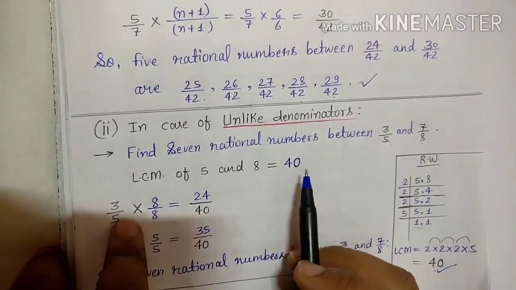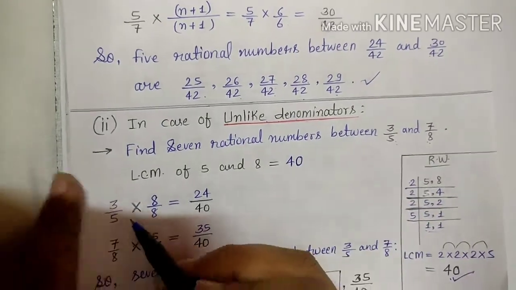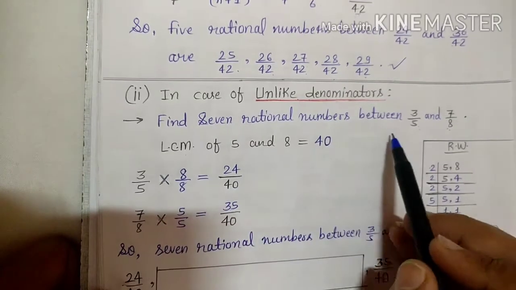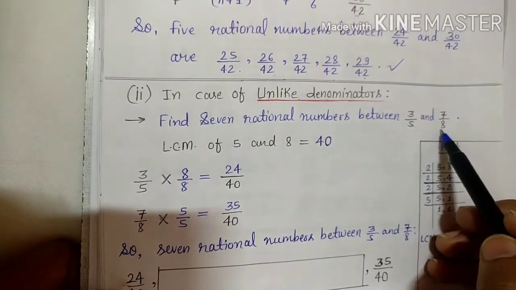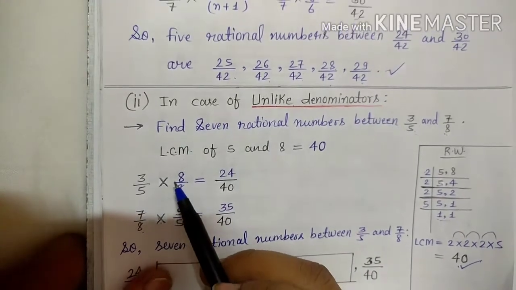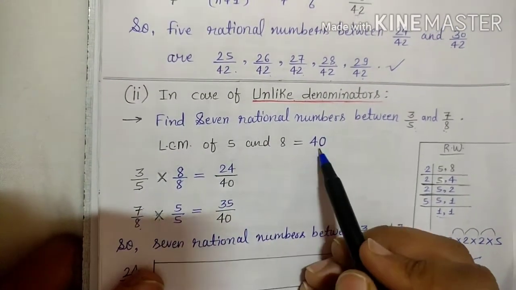So we'll try to make their denominators equal to 40. First we write the first fraction, our first rational number, 3 upon 5. Then the next rational number, 7 upon 8, we write downside. By which number should we multiply this 5 so that the denominator becomes our LCM 40?